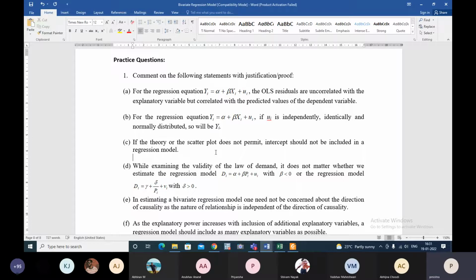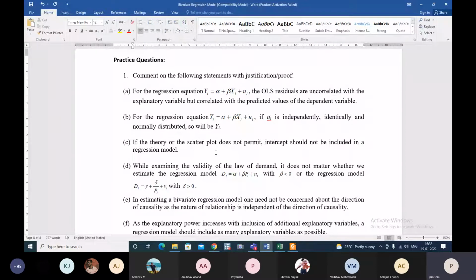So what we are saying basically is that let us not make the intercept mathematically 0. Rather, let us see if it is not statistically different from 0.